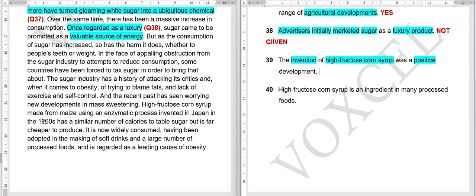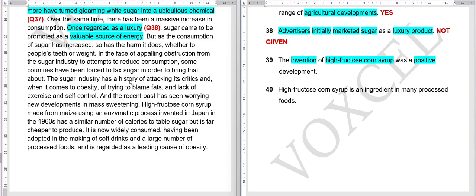So let's read it. But as the consumption of sugar has increased, so has the harm it does, whether to people's teeth or weight. In the face of appalling obstruction from the sugar industry to attempts to reduce sugar consumption, some countries have been forced to tax sugar in order to bring that about. So we don't have any information regarding high fructose corn syrup till now.